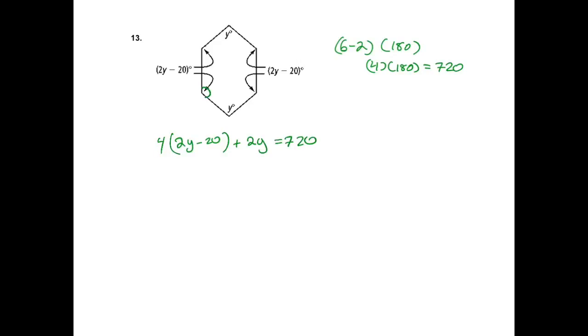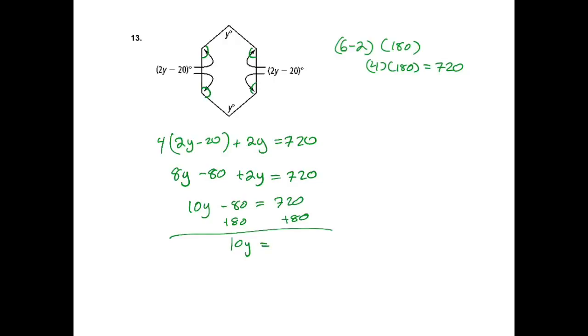So 8y minus 80 plus 2y equals 720. So 10y minus 80 equals 720. Adding 80 on both sides, 10y equals 800. Now I'm going to divide by 10. So y equals 80.